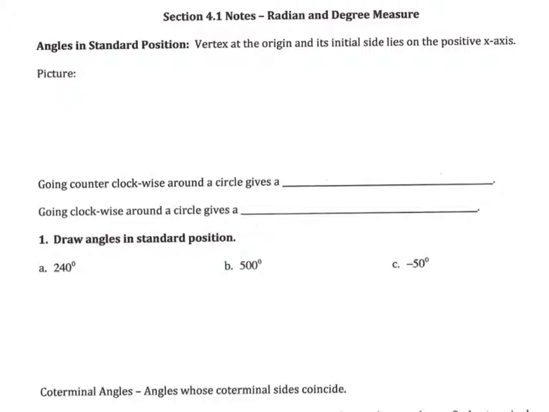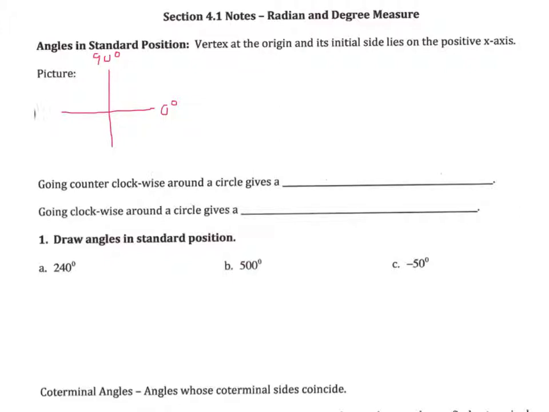So when we think about an angle in standard position, we think about the four quadrants, and we think about the x-axis, the positive axis, being at 0 degrees. And we think about the positive y-axis being at 90 degrees.